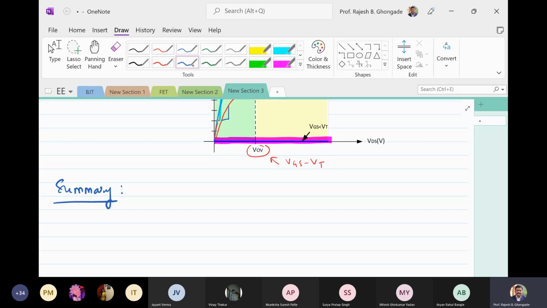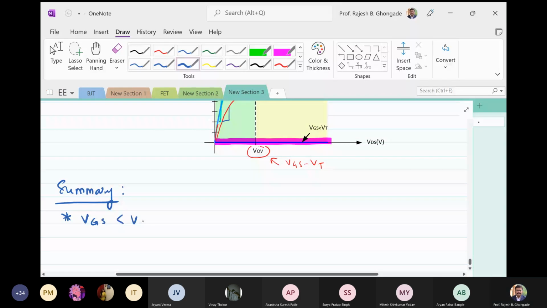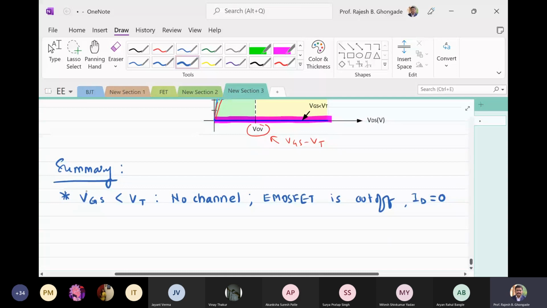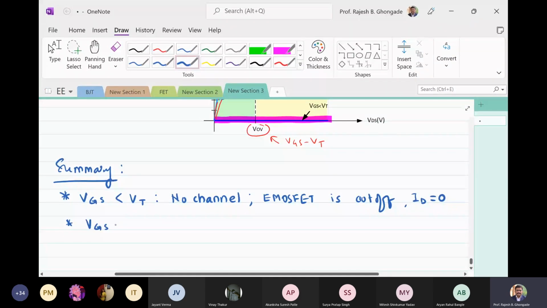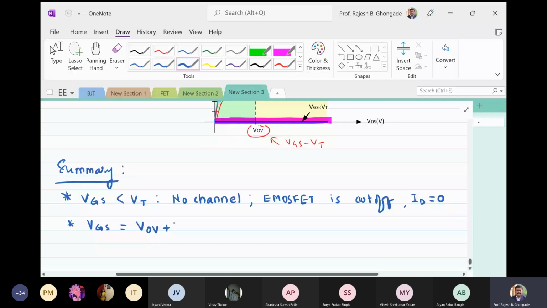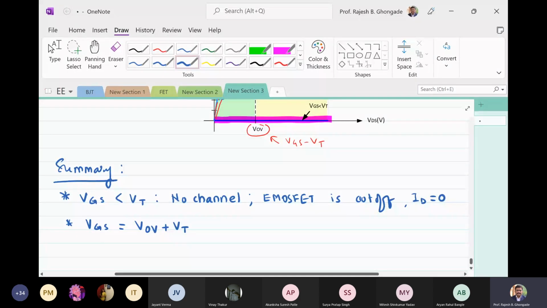So for VGS less than VT, so ID equal to 0. Second, VGS, which is equal to, let us say, VOV plus VT. ये कहां से आया भाई?